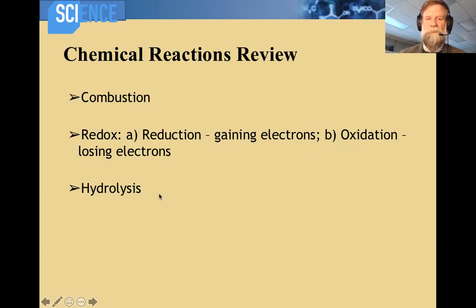Third type is hydrolysis, which we've talked a lot about, and water being the universal solvent, hydrolysis being the opposite process from dehydration synthesis. So remember that process of adding monomers like glucose, add two together. When you add them together, water is released and the two molecules join. That's called dehydration synthesis.